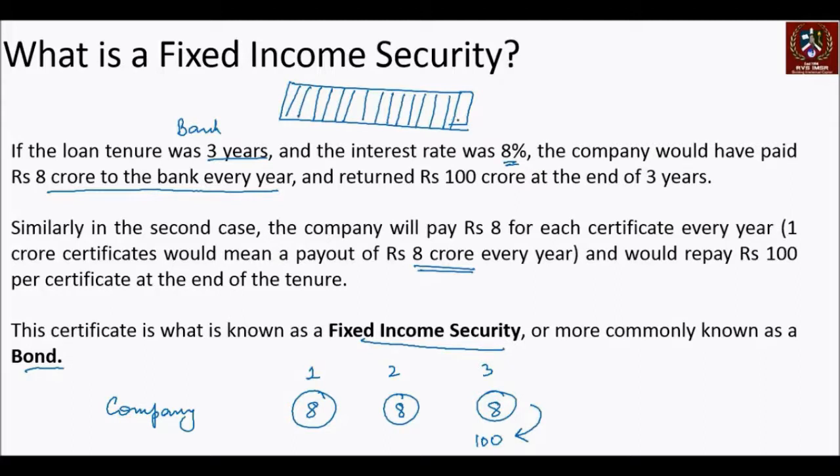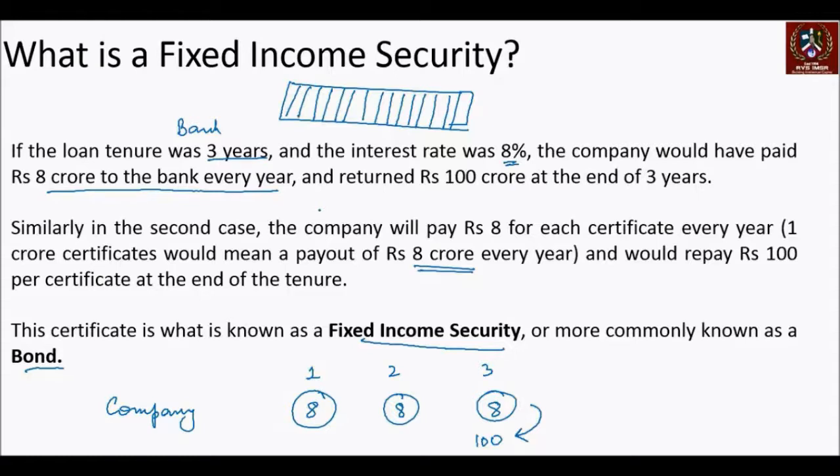Now, the people who are giving you this money and taking the certificates could be individuals, funds, corporates, other banks, could be anyone essentially, right? So the entire concept is just that you're trying to create a security which is going to generate a fixed income stream. Every year or every period, there is going to be an income.